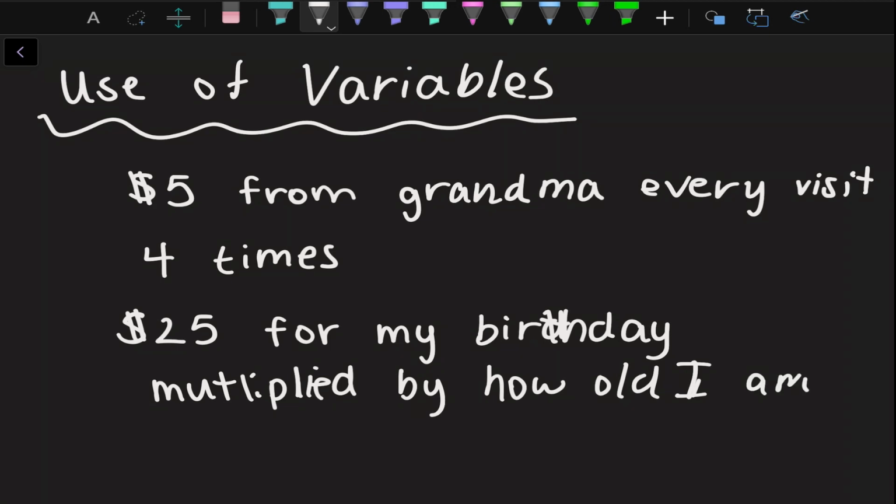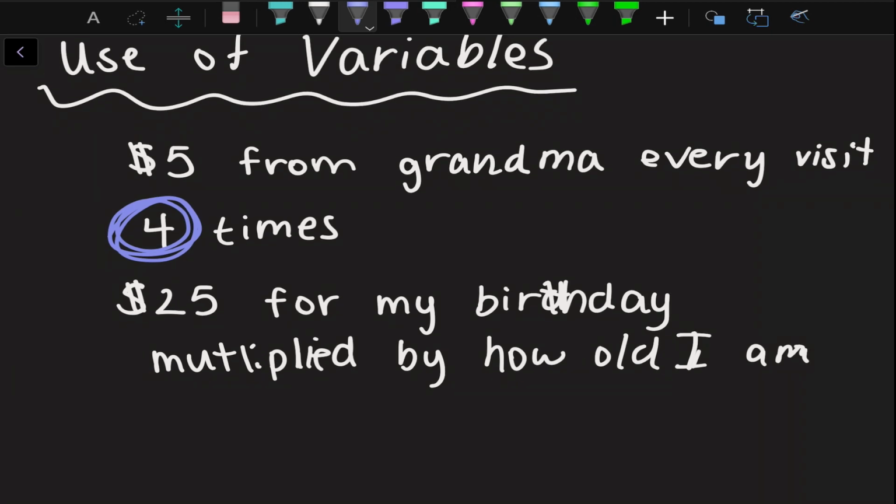So this is a basic question that we'd have to make a formula out of. The big thing to remember here is you're going to see her 4 times for sure. So that is going to be what we call a constant, a number that's not going to change. Same here, I'm going to get $25 for sure, but multiplied by how old I am. So we know $25 is a constant.